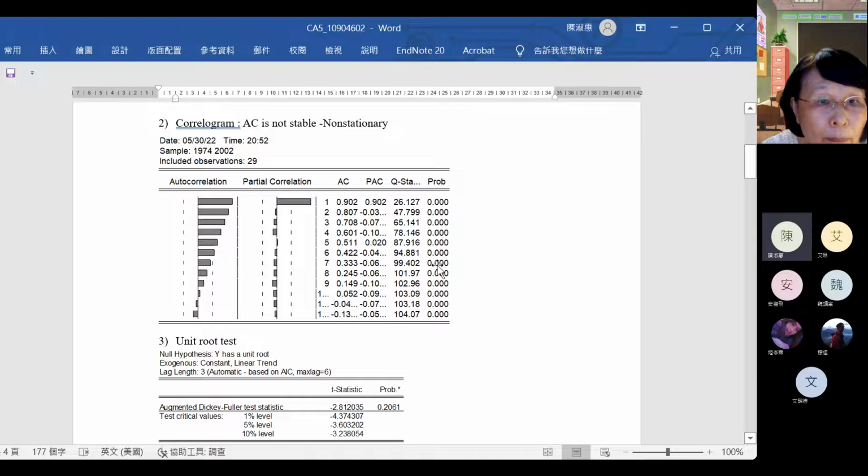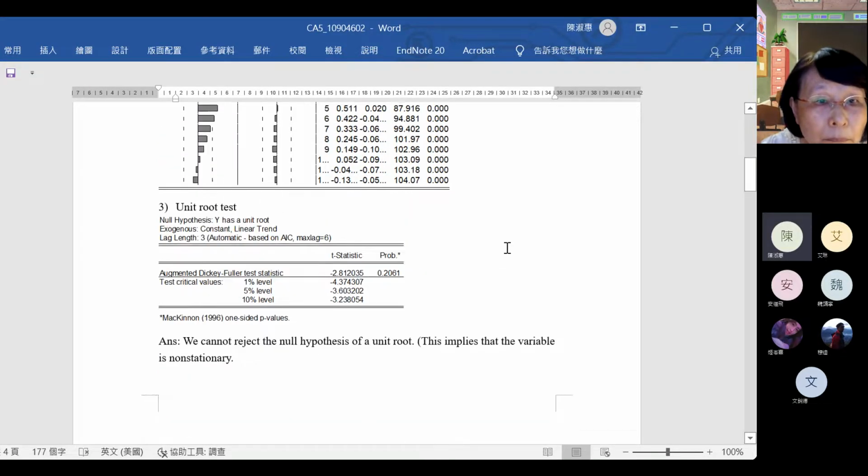The coefficient number is very high, and at some point it disappears, so I think it is not stationary. So I applied the unit root test in EViews. I saw the probability is 0.2, much higher than 0.05, so I consider it non-stationary.